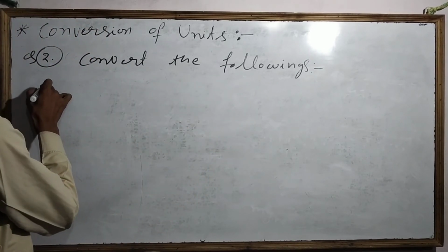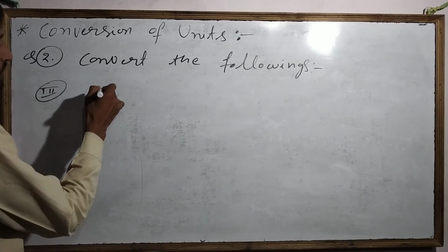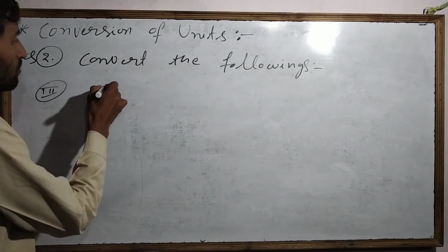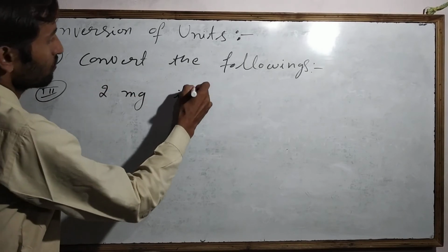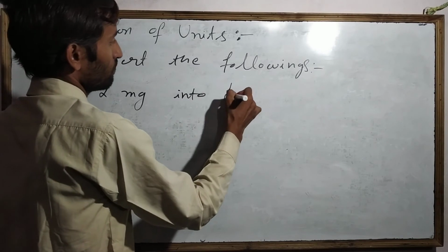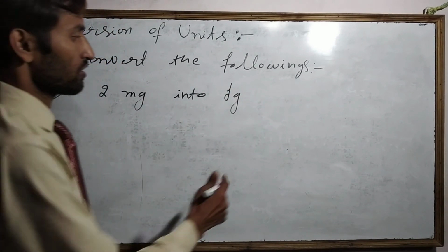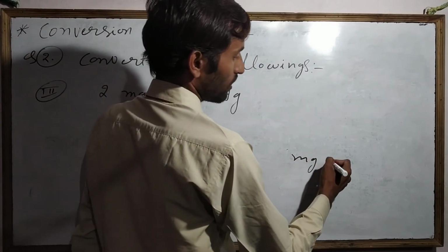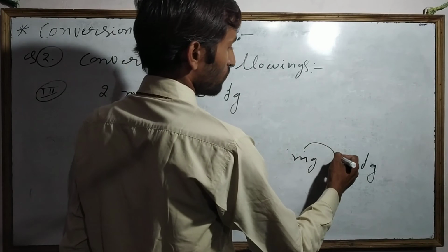So third one, just convert 2 milligram into decigram, dg. Convert milligram to decigram means milligram, centigram, decigram. We will go from this side to this side.